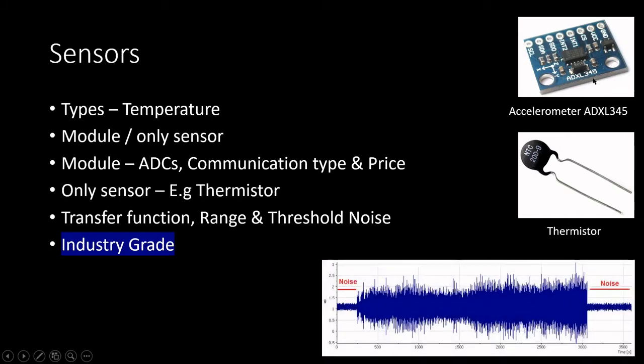So what does it do? It has its own analog to digital converter. It takes the values from the sensor and performs signal conditioning by using the analog to digital converter. These modules also help to remove noise, like high frequency noise, so it is eliminated. These kinds of functionalities are present in modules.